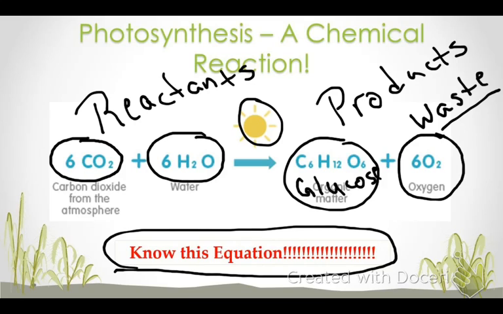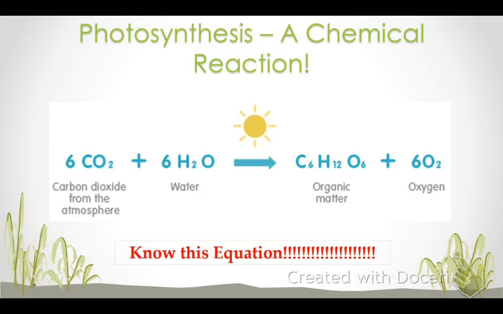So that's kind of the roundup for this section. The very, very basics of photosynthesis, which is a chemical reaction. Again, remember, you need to know this equation, and you might as well get it written down and make sure that you have memorized it, because you'll need to know it frontwards and backwards, but we'll talk more about that in respiration.